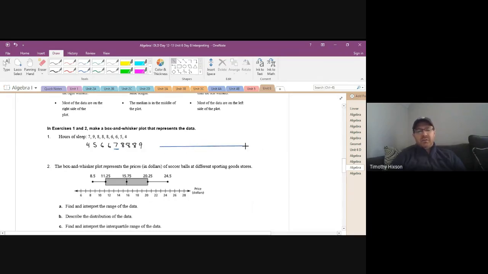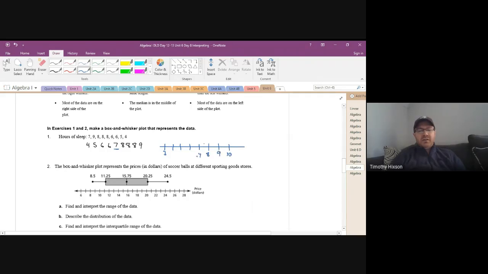Okay, and I'm just going to go ahead and draw my number line and put them right on here. So we'll start at 3, 4, 5, 6, 7, 8, 9, 10.